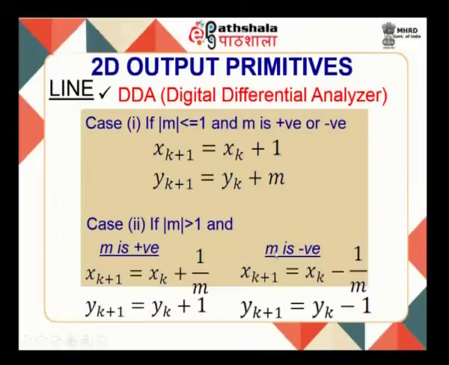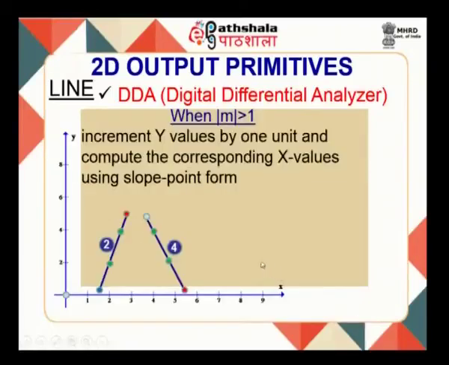If m is negative, you can come to this case. The next x value is x k minus 1 by m, and the next y value is y k minus 1, because you can now recollect line type 4, a line whose slope is negative.